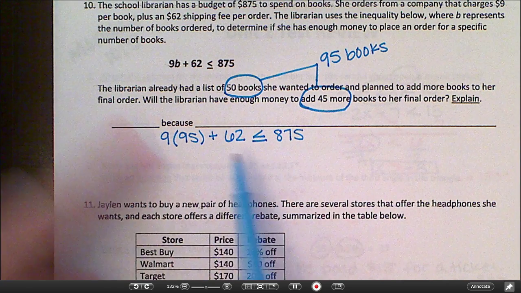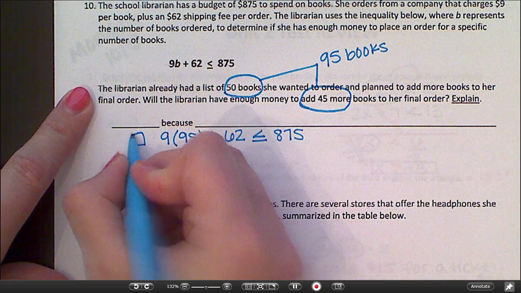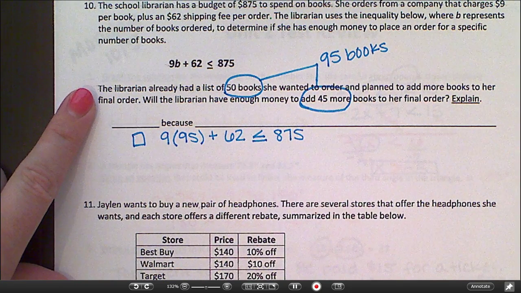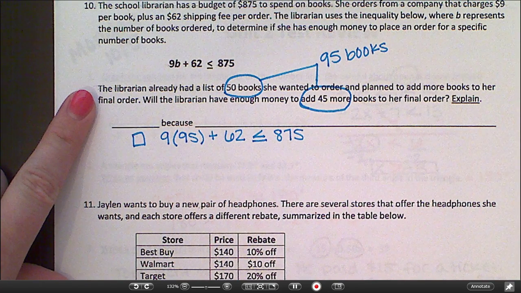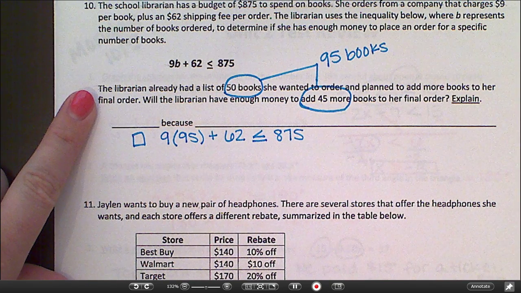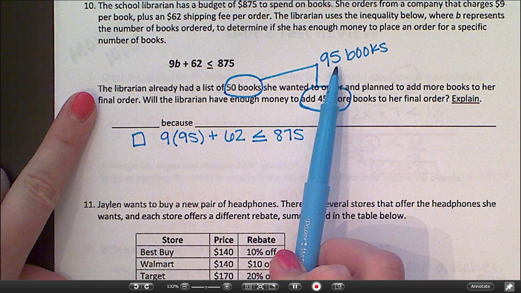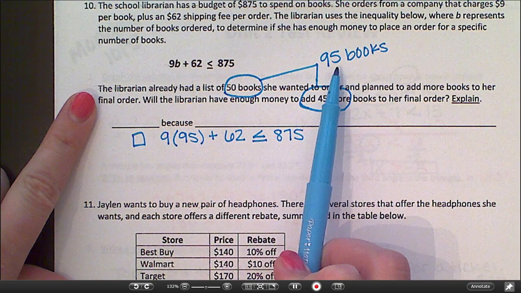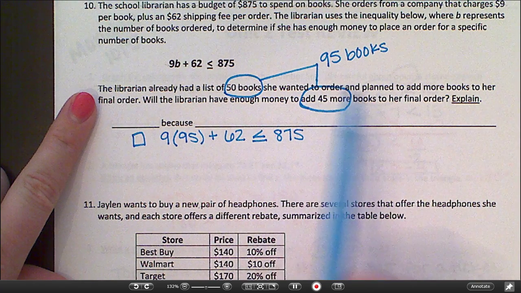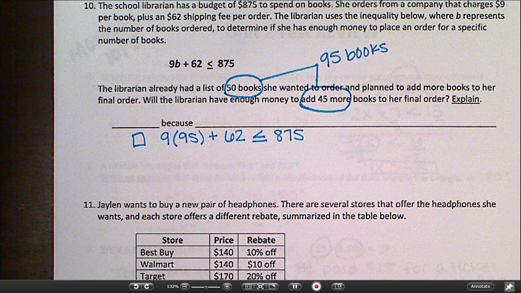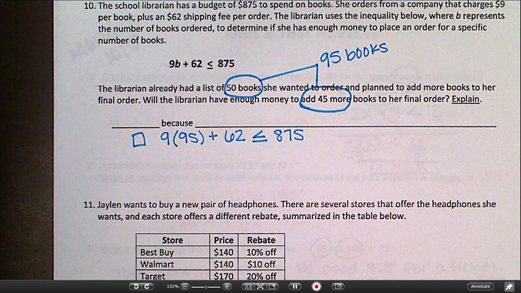This is the exact same thing that we do when we put our little checkbox and we plug our answer back into our equation to see if it works. That's all we're doing here. We already know how many books she wants to order. That's what we think X should equal, or what we think B should equal, but we're checking to see if it works. So now let's start doing one step at a time.